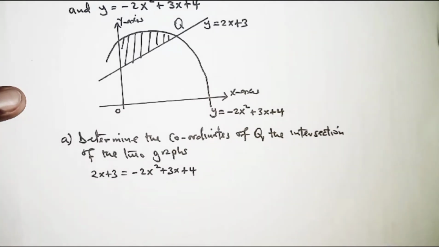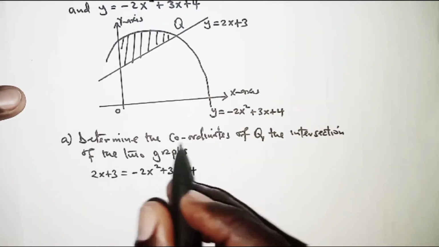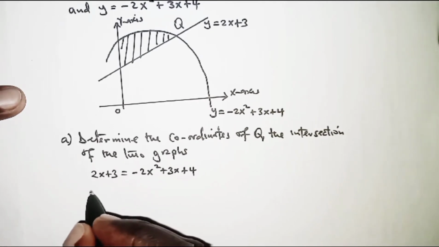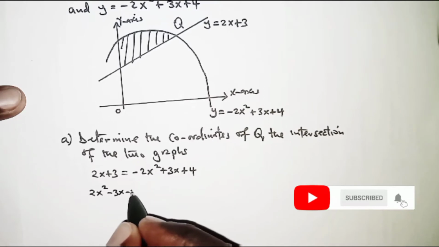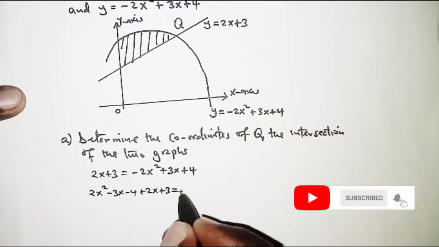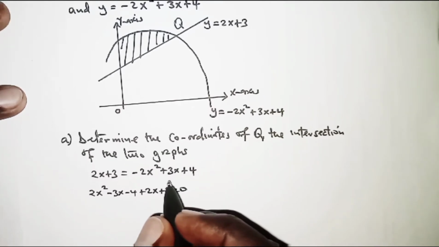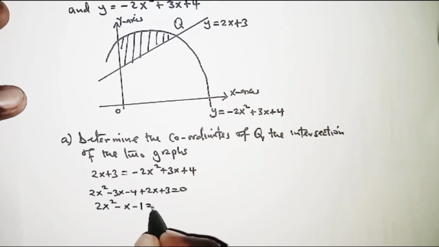From this, we can get the value of x. We bring the right hand side to the left hand side so that we have 2x squared minus 3x minus 4 plus 2x plus 3 equals 0, and that simplifies to 2x squared minus x minus 1 equals 0.